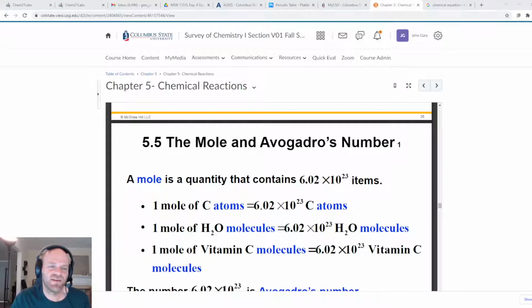If I say I have a dozen of something, I have 12 of something, okay? So a mole of something, now this is where it gets pretty crazy, equals 6.022 times 10 to the 23, whatever, anything. Okay, so a mole is equal to this many something.